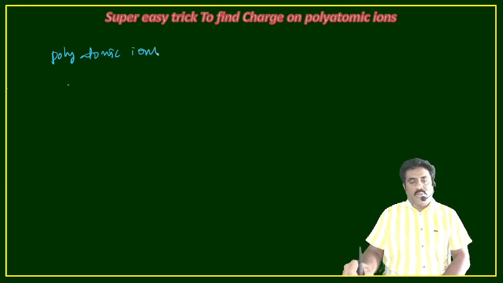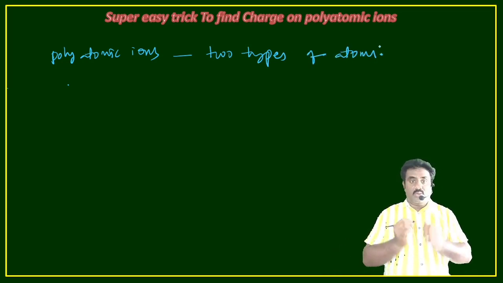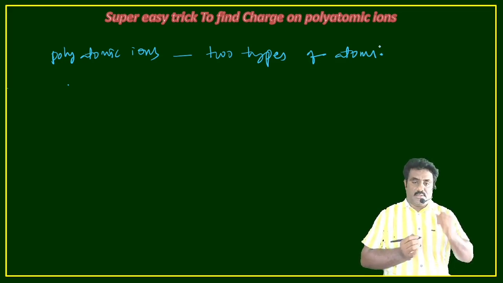In polyatomic ions, the first thing is if the molecule contains two types of atoms.